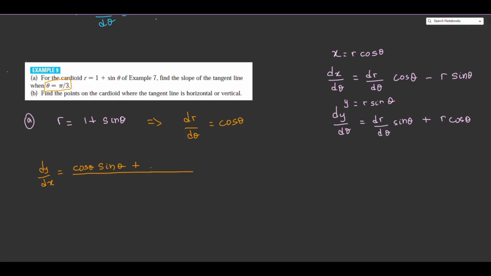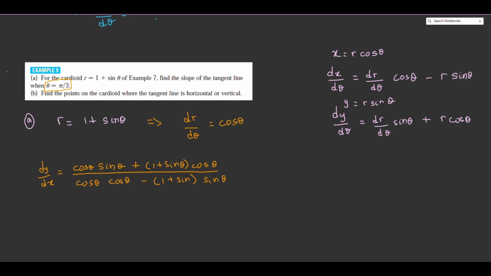In place of r, we substitute 1 plus sine of theta, multiplied with cosine of theta. And at the bottom we write dx by d theta, which is equal to cosine of theta multiplied with cosine of theta, minus 1 plus sine of theta multiplied with sine of theta.